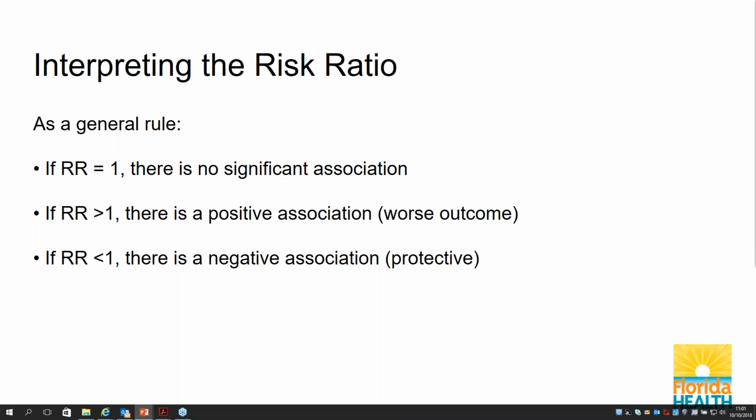And so you need to remember, risk ratio is trying to assess the possibility of this patient getting a disease if they're exposed to, or if they have this certain risk factor. So if the risk ratio is greater than 1, that is going to involve a worse outcome. And that's what you need to remember when you're answering these questions about risk ratios.